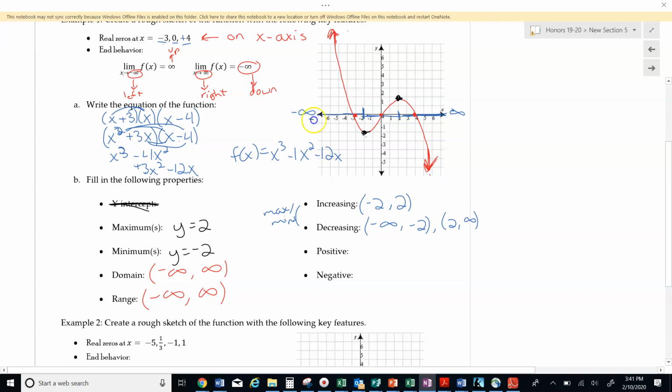Positive, negative, same idea. I'm starting at my -infinity and my infinity, stopping at important points. This time my important points are x-intercepts. Starting at -infinity, I get to my first x-intercept at -3. That part of the graph is above my x-axis. Starting at -3, I get to my next important point at 0.